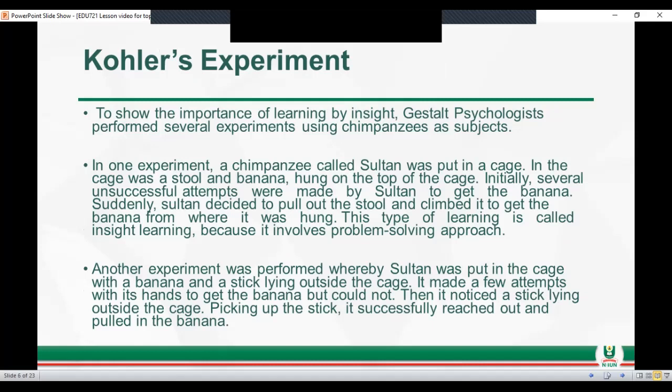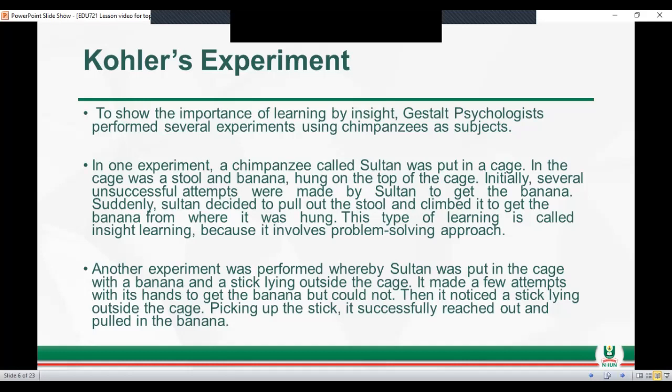In the cage was a stool and a banana hung on top of the cage. Initially, Sultan made several unsuccessful attempts at reaching those bananas, but he couldn't reach it.